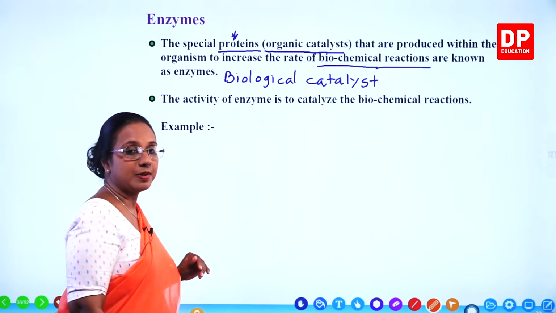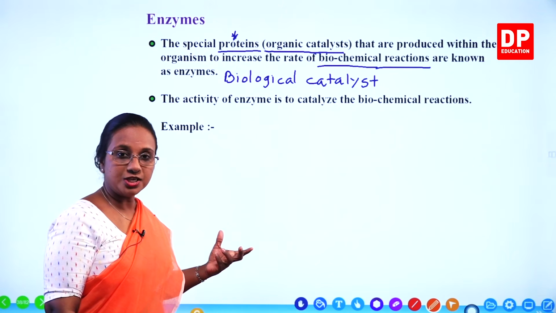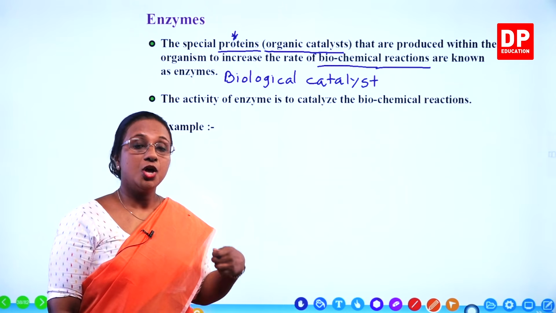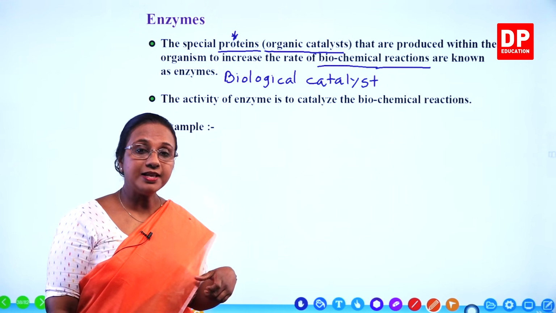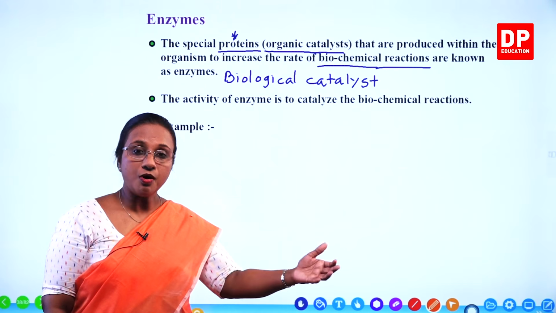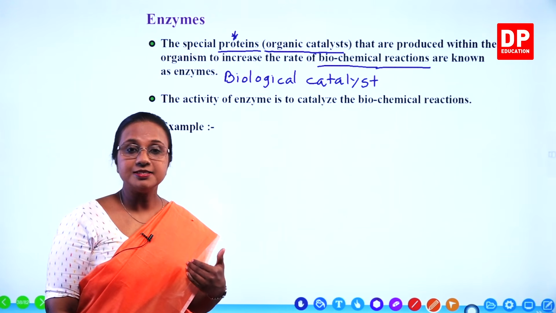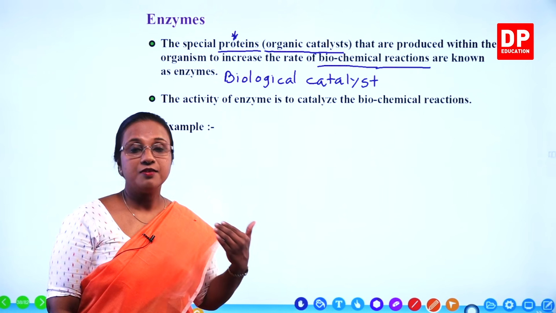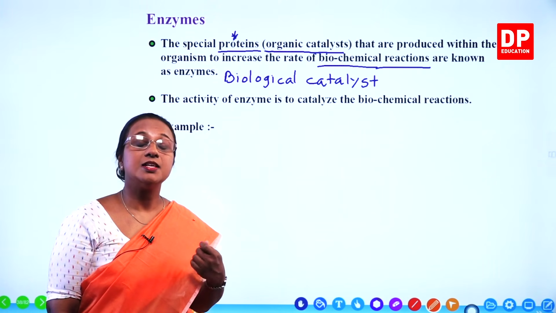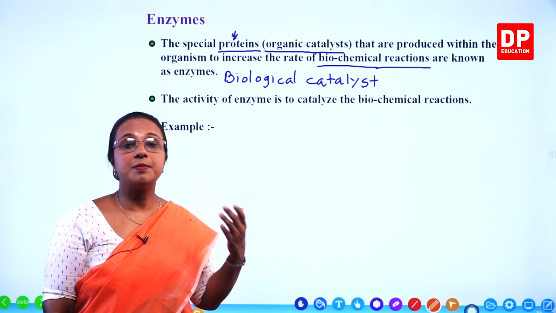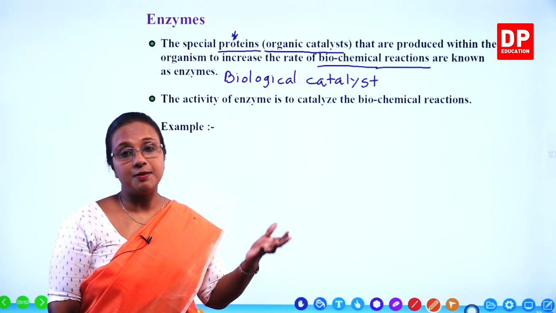As an example, if we look at a reaction, as you saw in the test for sucrose, to convert or break down sucrose to form glucose and fructose, that is the hydrolysis of sucrose, we had to heat it with sulfuric acid. So when we say heat, we are providing a high temperature.